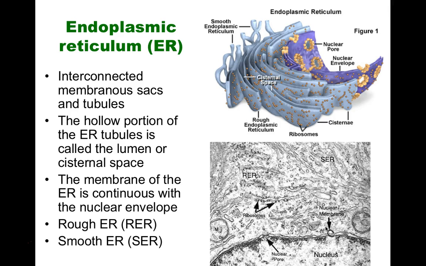So we have rough endoplasmic reticulum on the left in this TEM photo, and in the upper right is some smooth. And you should be able to easily see the distinguishing feature between the two visually is the absence or presence of ribosomes. That's the reason scientists gave these names to these structures. One appeared rough, the other appeared smooth.